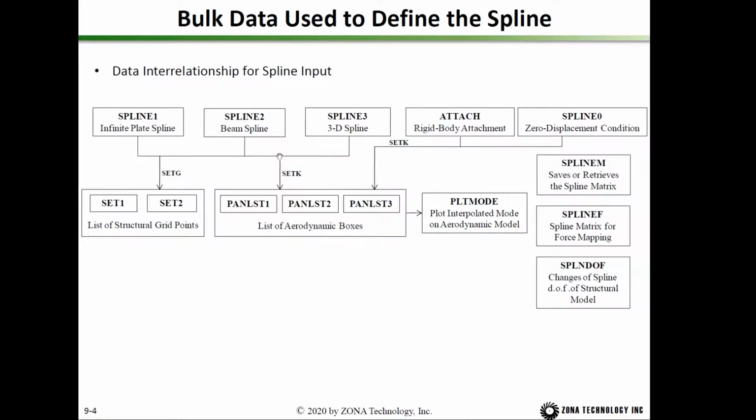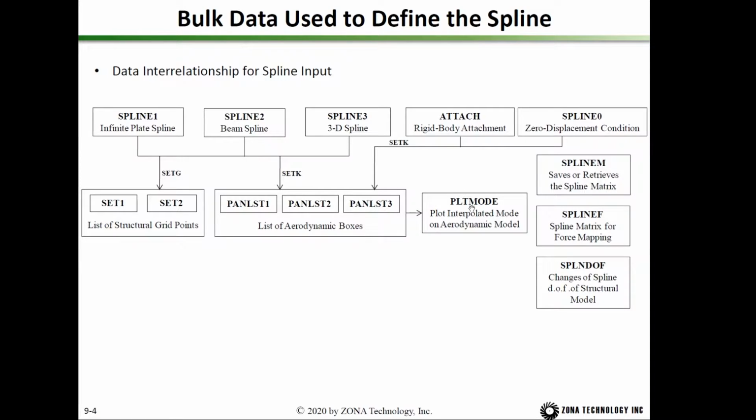And then SPLINE1, 2, 3 also refer to a SET1 card. In the SET1 card, you list out the structural grid points involved in the spline. So again, the spline is achieved by a component by component approach.